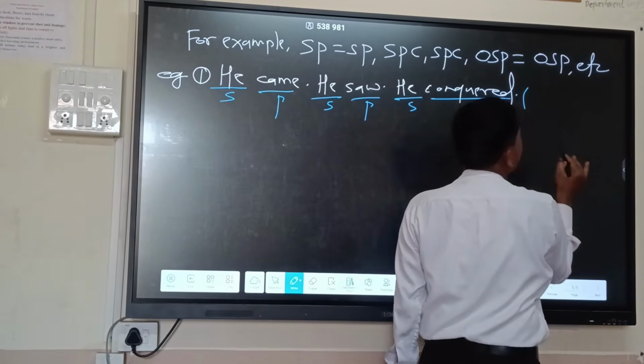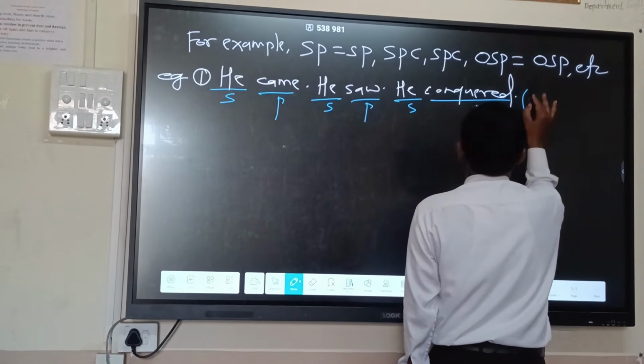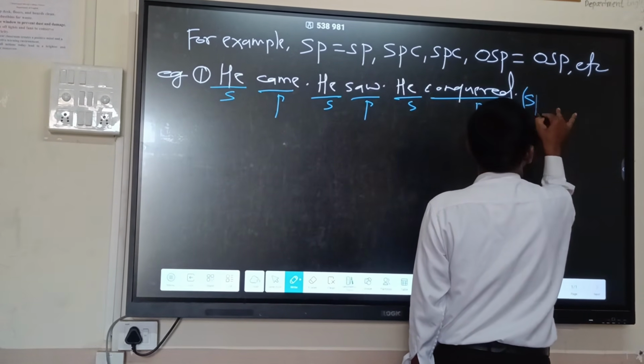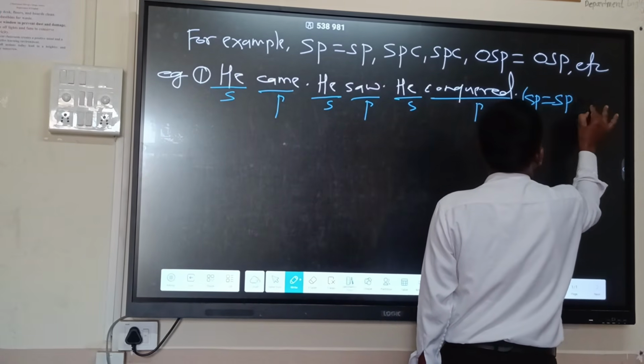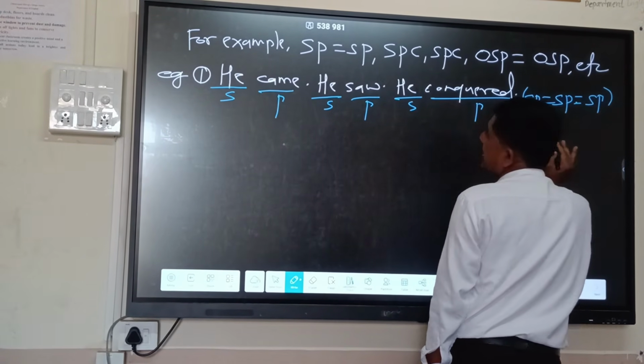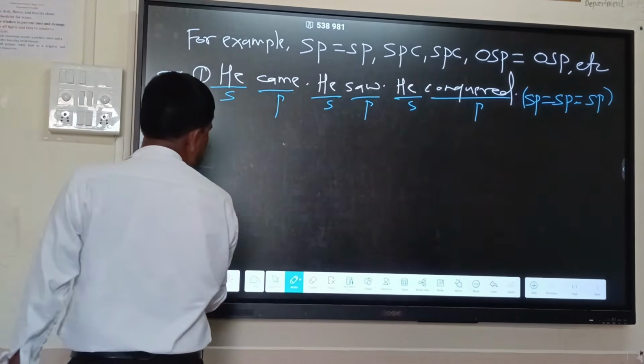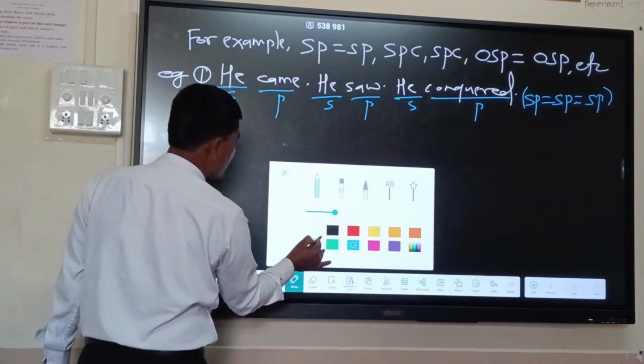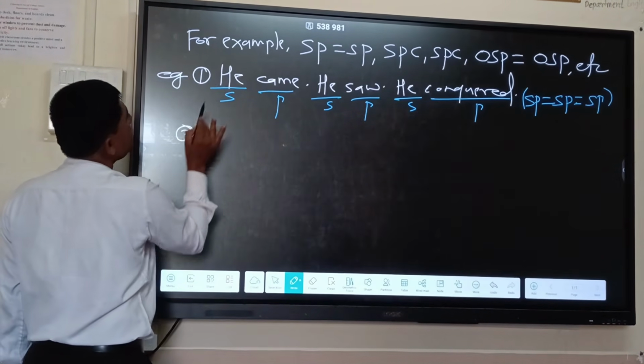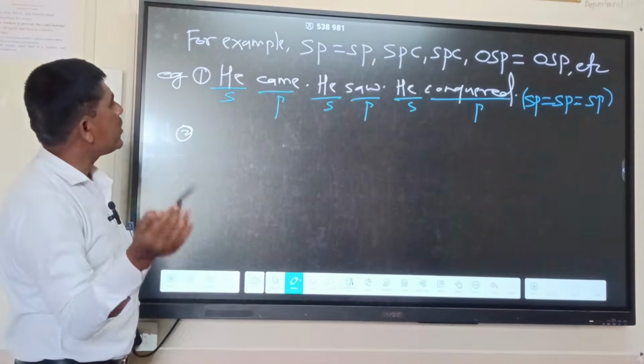So here we have extra regularities. We have the same structure, that is SP is equal to SP is equal to SP, subject predicate, subject predicate.